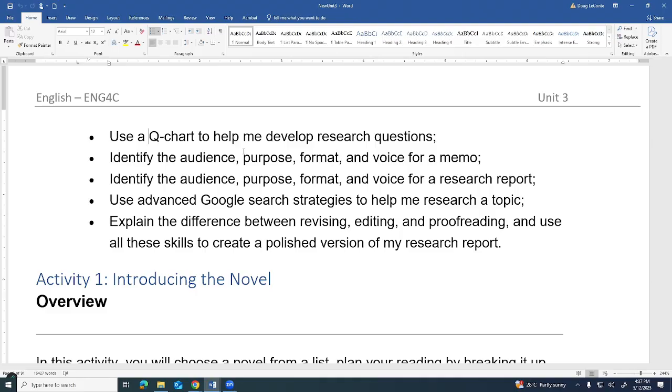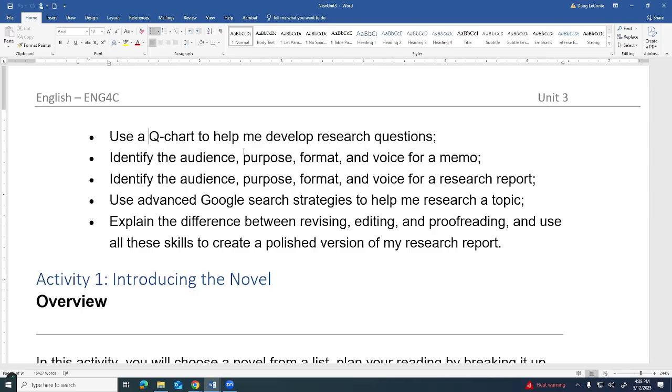You're successful when you identify the audience, purpose, format, and voice of a research report, use advanced Google search strategies to help you research a report, explain the difference between revision, editing, and proofreading, and use all these skills to create a polished version of your research report.